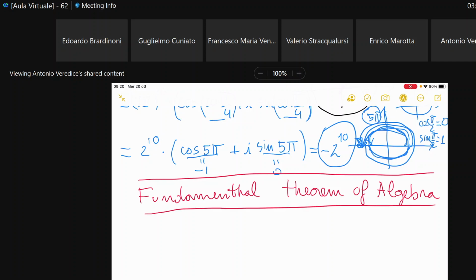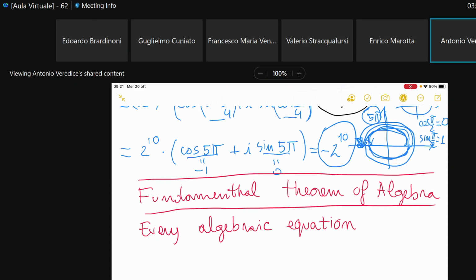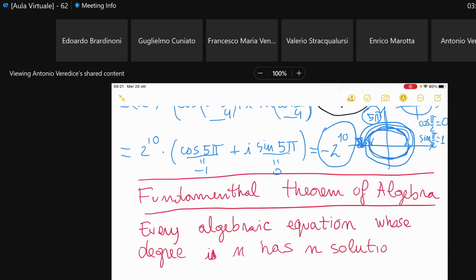Okay, it states that every algebraic equation, by algebraic equation I mean a polynomial equation, whose degree is n, has n solutions in the complex field, so in the set of complex numbers.